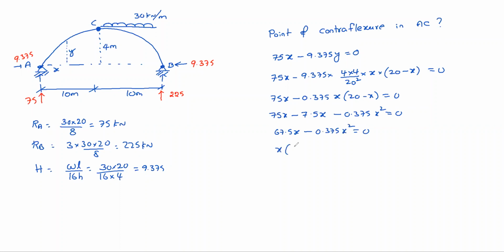Taking x common, 67.5 minus 0.375x equal to 0. Something wrong. x equal to 67.5 by 0.375. Something wrong, right?